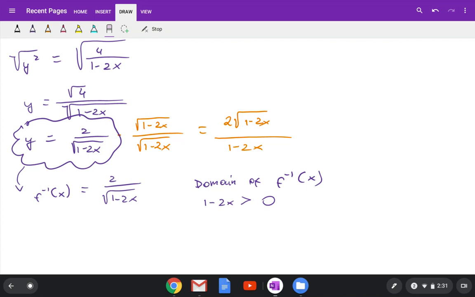Let's solve for x. Okay, so we subtract 1 from both sides, and we're getting negative 2x greater than negative 1.